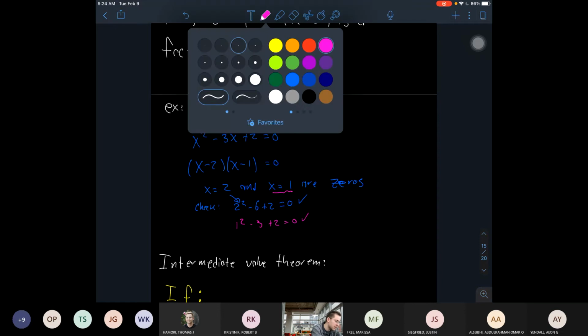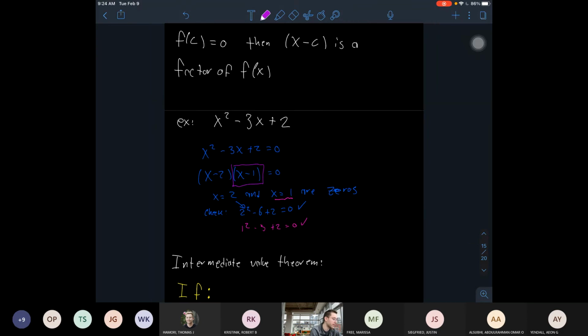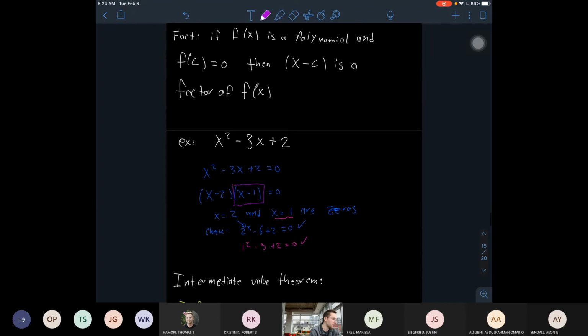What this fact is saying is that if x equals 1 is a zero, then x minus 1 will be a factor of our expression. Not really saying anything fancy here, other than describing the difference between a factor and a zero.